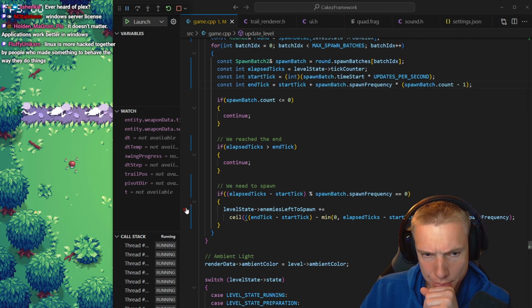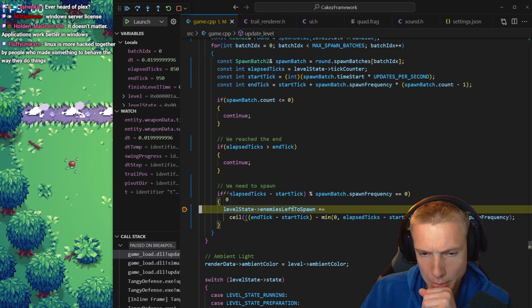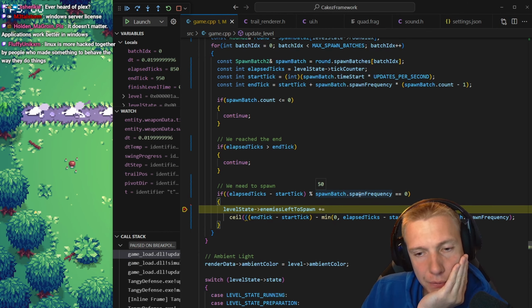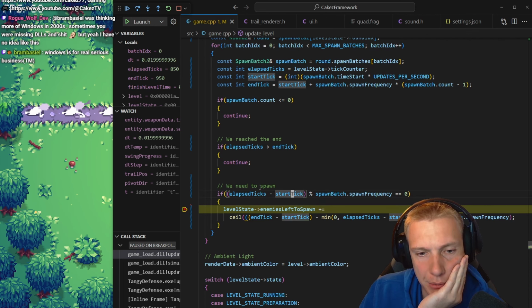I wonder what happens. Why is it calculating this so wrongly? So we have 0, right? Our spawn frequency is 50. Our start tick is 0. The elapsed ticks is 850. Ah, wait.